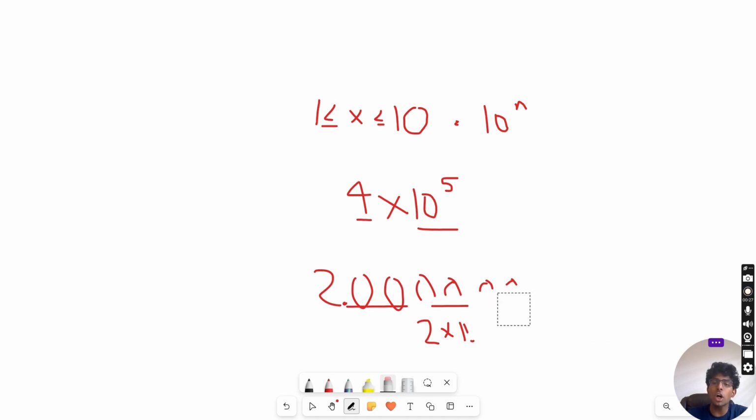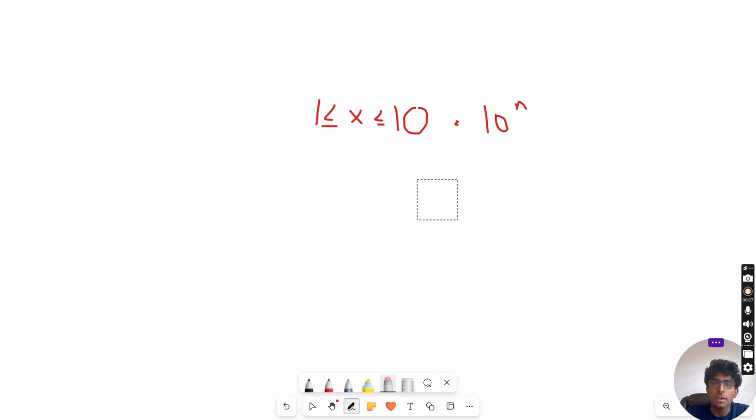Now, what happens if we do it the other direction? Let's say instead of having a positive exponent here, we have a negative exponent. So how does this happen? Let's say we have a decimal, 0.00001. So now, instead of moving the decimal place to the left, where we'd have a positive exponent, we're moving the decimal place to the right now. So we'd move it to the right 1, 2, 3, 4, and 5.